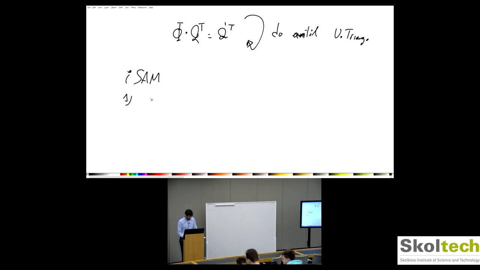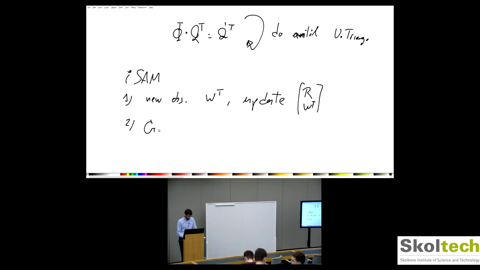So first, new observation, or new factor if you want, right? So what we do is we update R. Then the second, we do Givens rotations until this R is again upper triangular.